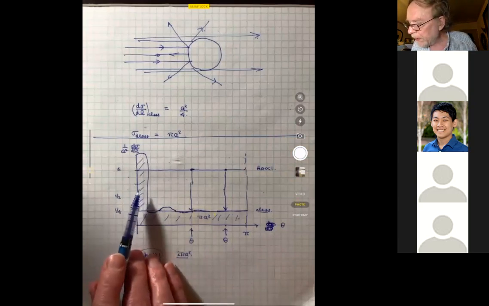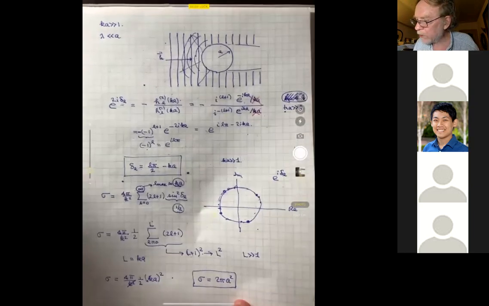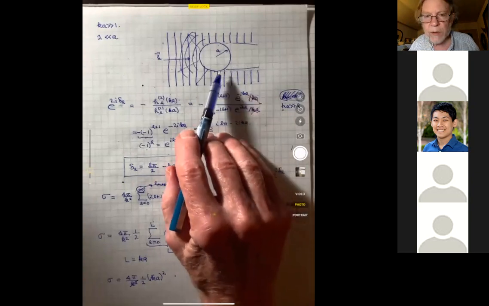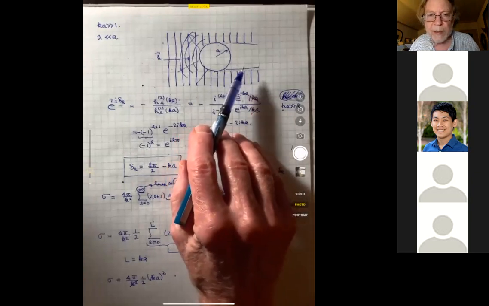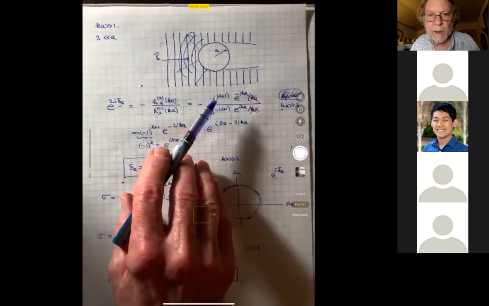So what's the physical meaning of this forward direction? Well, the answer is it's the diffraction. It's the diffraction, or the bending of these waves, these aren't light waves, but the bending of these waves around the shadow, gradually closing in.